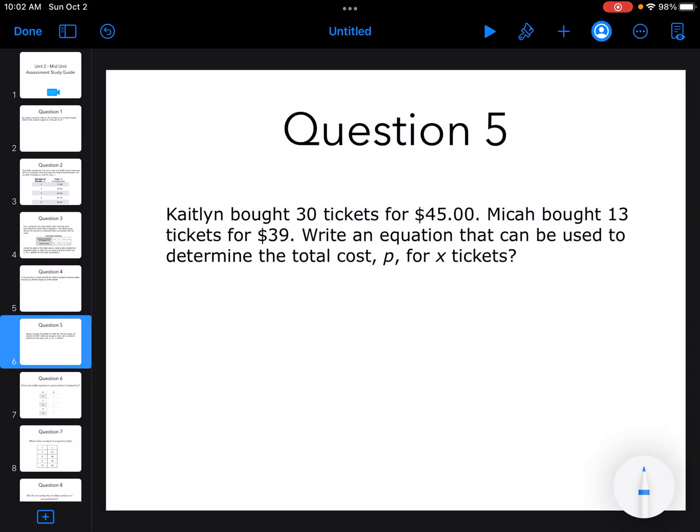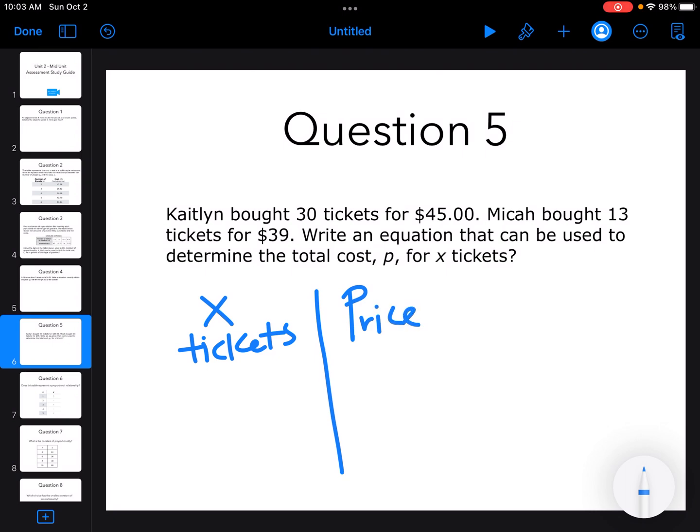Caitlin bought 30 tickets for $45. Micah bought 13 tickets for $39. Write an equation that could be used to determine the total cost, P, for X tickets. So I have X tickets, and I have the price. So I'm just going to use the first because it's a proportional relationship.